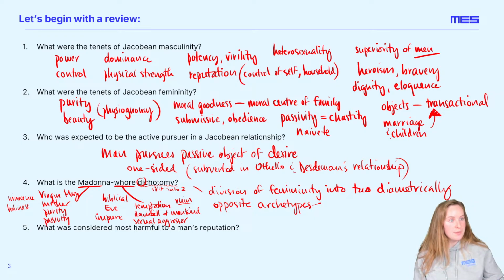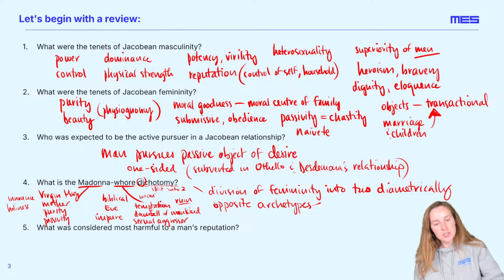Across the trajectory of the play, we have Desdemona as the Madonna, then moving in the consciousness of the play, both in the eyes of the other characters and in Othello's eyes, to this whore character, because she's out of control, because she's uncontrollable, because she cuckolds him, because she is in charge, because she is bringing about his downfall.